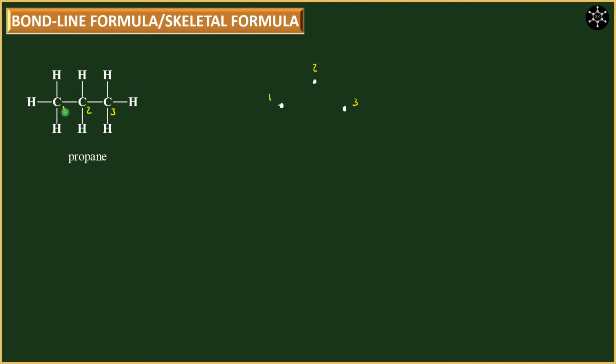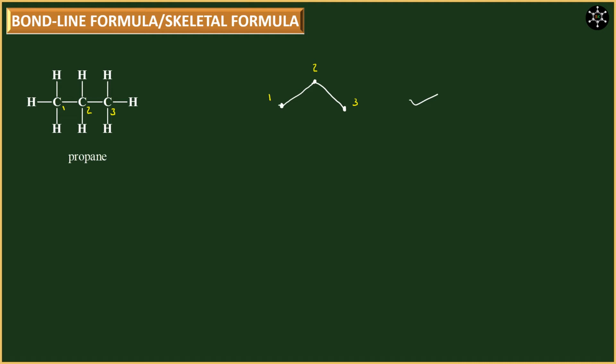In propane molecule, we have single bond between carbon atoms. So, we have to join dot 1 and dot 2 by a single line, dot 2 and dot 3 by a single line. This itself is the bond line formula or skeletal formula for propane molecule. How to read this?